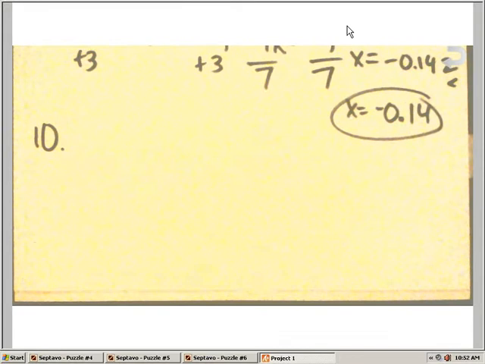Last one is 16. So we've got 237, another big one, equals 52x plus 735. Again, if you want to move it over the other side, you go right ahead. Subtract 735. And I get, let me write it here, I guess, see if I can fit it. 52x equals negative 5 minus 8, 9, 6 minus 2 is 4.